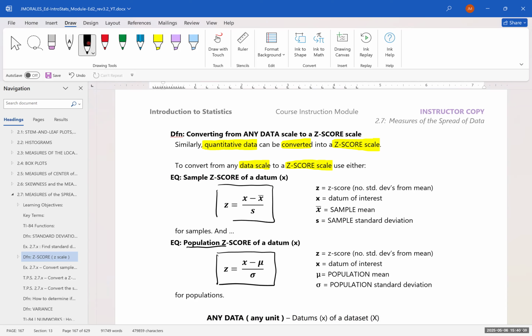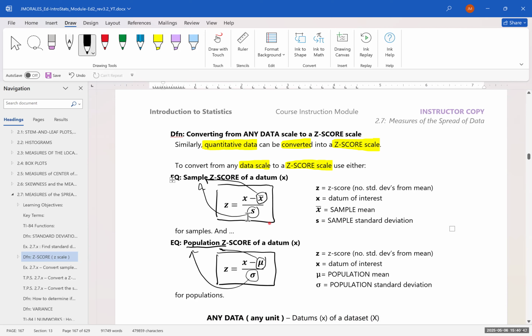The only thing that's changed is the variables that refer to a sample versus a population. For example, here we've got a sample mean because we're dealing with a sample, but here we've got a population mean. Likewise, down in the denominator, we've got a sample standard deviation here, and here we've got a population standard deviation.